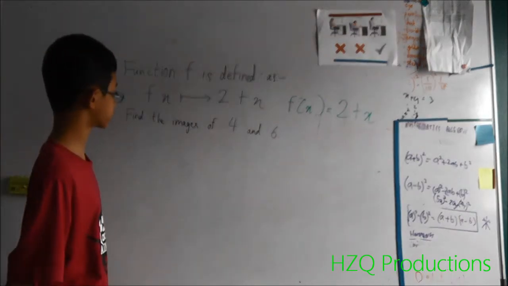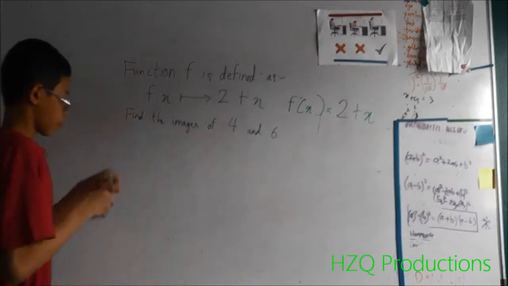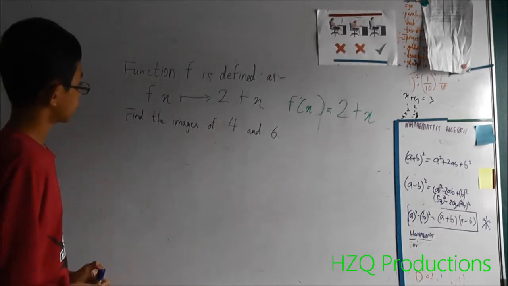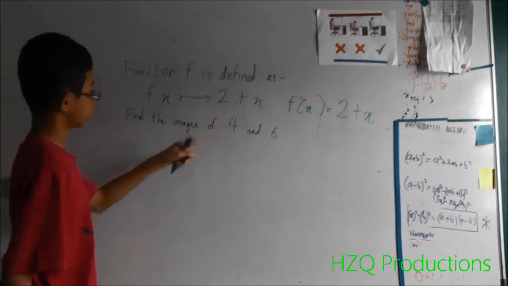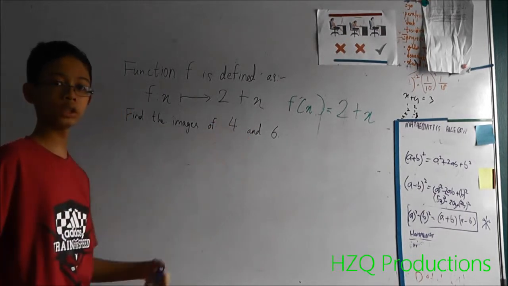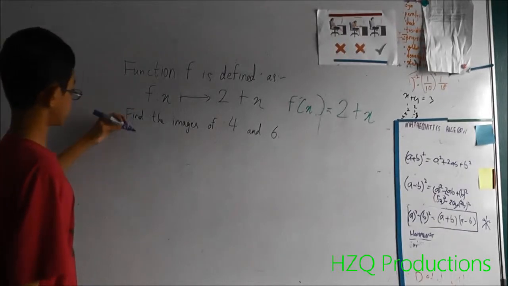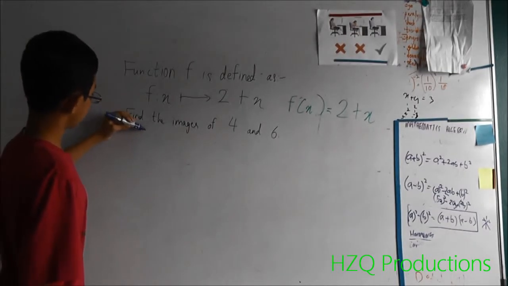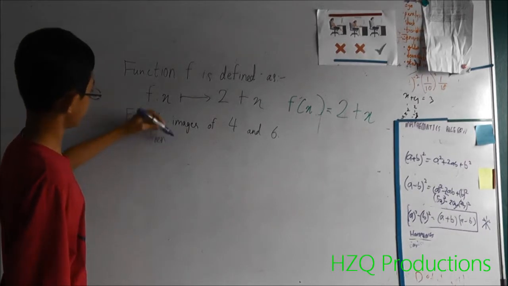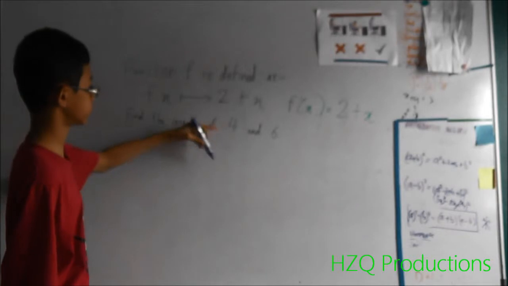Now, the question is asking me to find the image. How do we do this? 4. These numbers, as you can see, are called the domains. So what should I say? When x equals 4, okay, it's showing in the question.